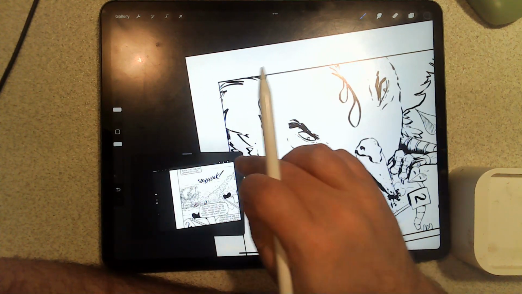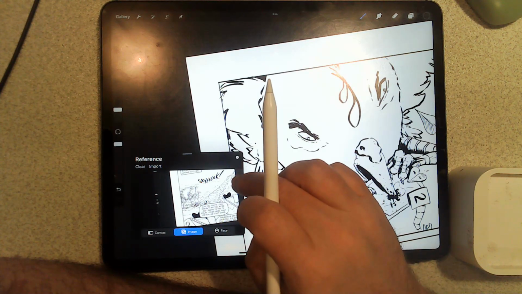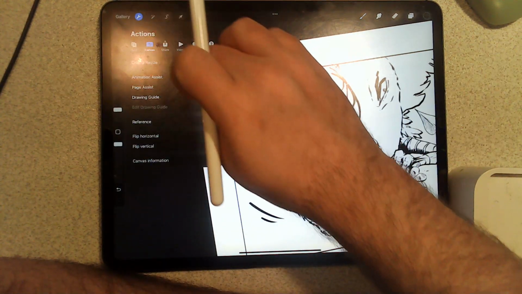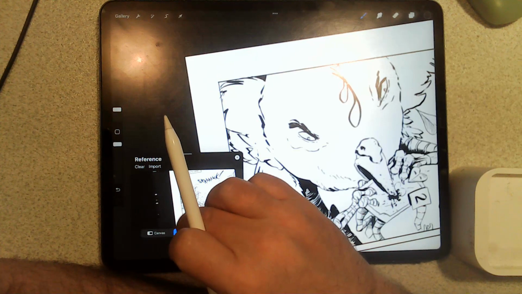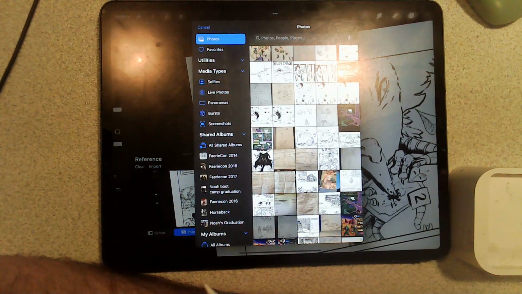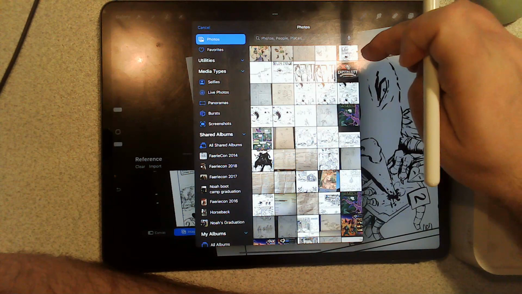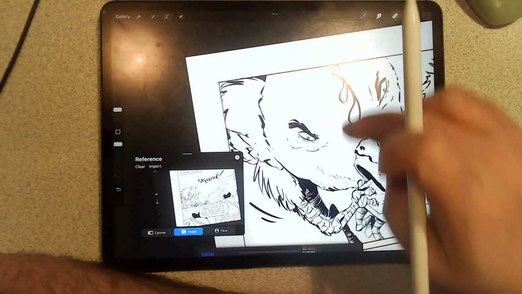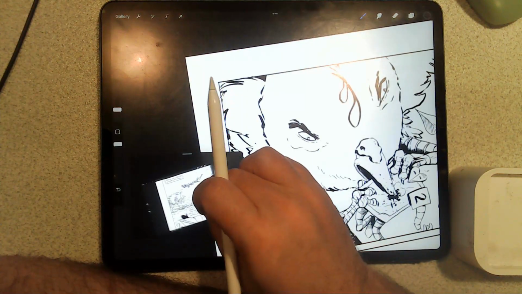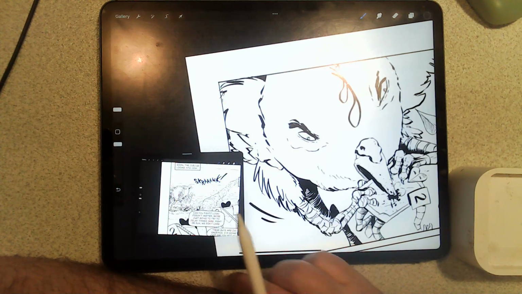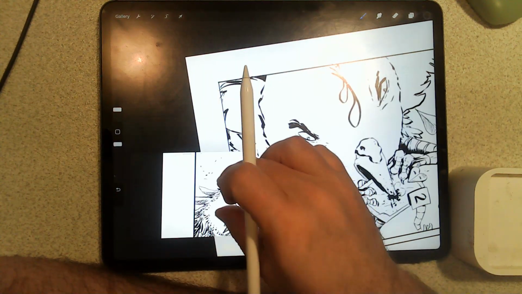Where is it? No, it's not this one. I want to do another. Where's my reference? Import. I think the one I want. I mean, could it be this one? What? Oh, yeah, I guess it is.